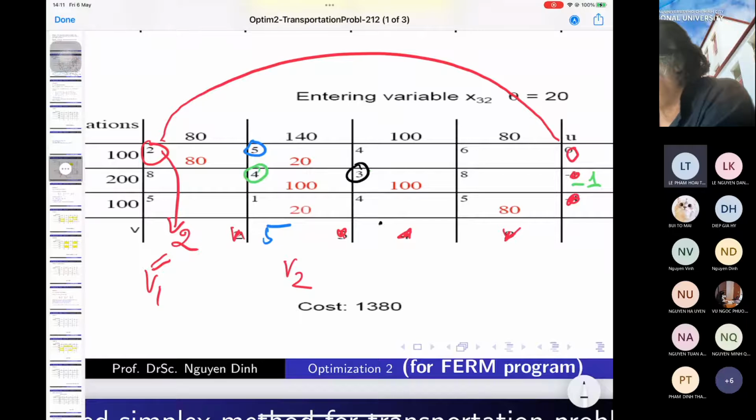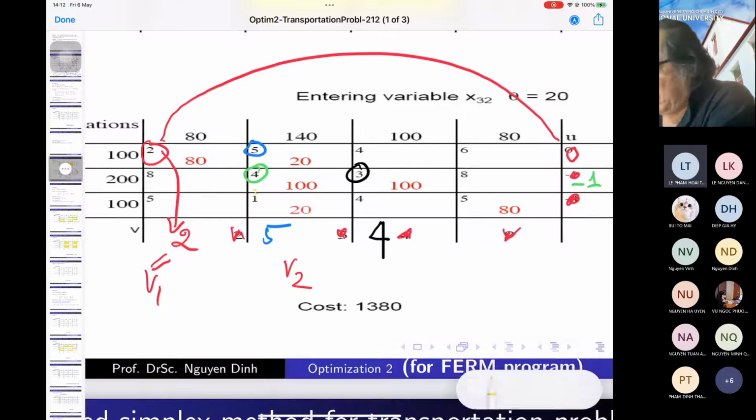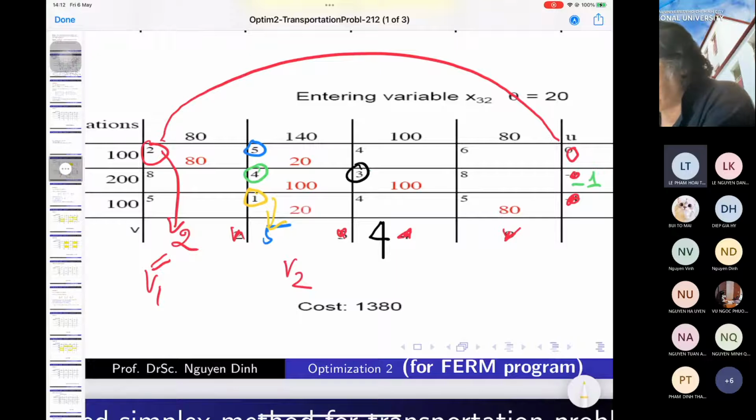What is it? 4 plus minus 1 is that. And you have something more here. 1 equals 5 plus what? Minus 4. Is that okay? But you have here 5 equals minus 4 plus what? 9. 9 plus minus 4 is 5.